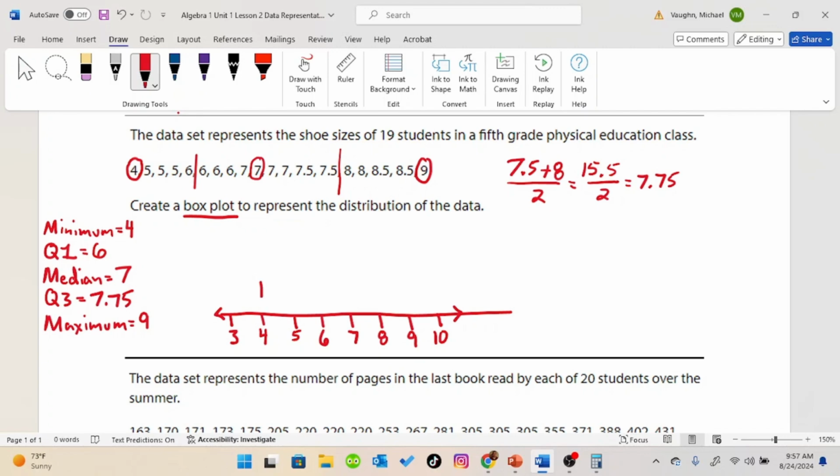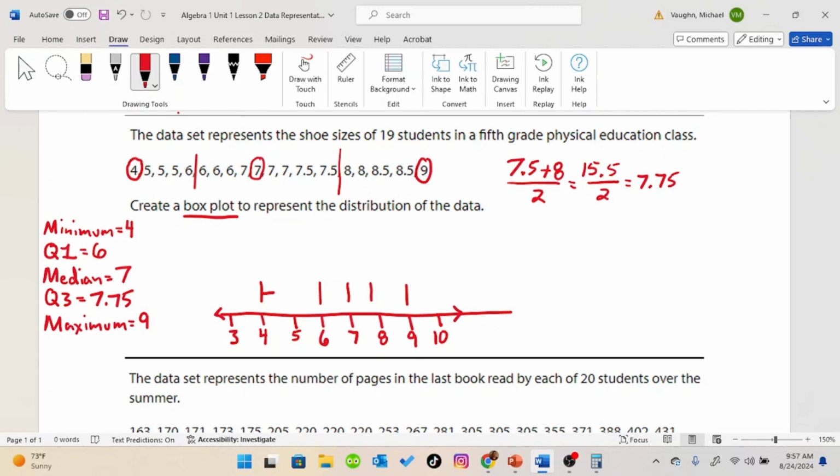So we've got a line at the minimum, which was 4, a line for the Q1 at 6, a line for the median at 7, a line for the Q3 at 7.75, so just before the 8, and a line at 9 for the maximum.